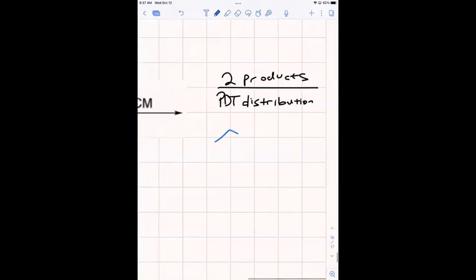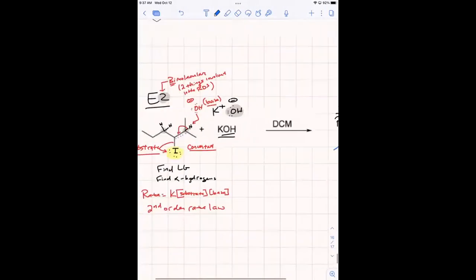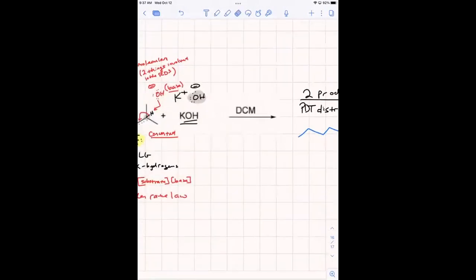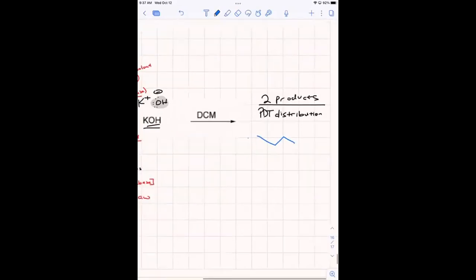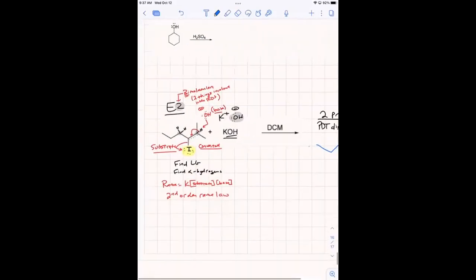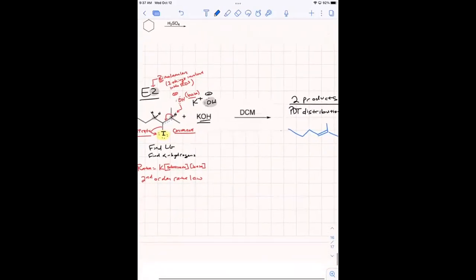That particular product is going to look like this. Make sure I don't put too many carbons. Are y'all following that? Yeah. That's my product. So that's the first product.